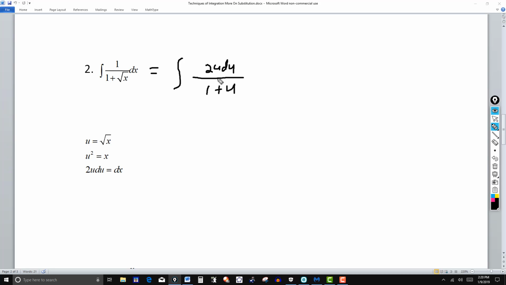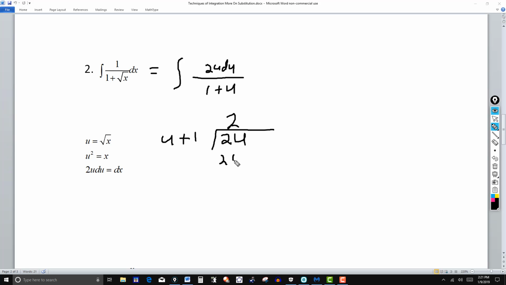So to simplify, we have degree 1 on top, degree 1 on the bottom, so let's try to reduce it. So simplify it using long division. I put this as u plus 1, and then we just divide. So u into 2u will be 2. And multiply here. This will be 2u plus 2.